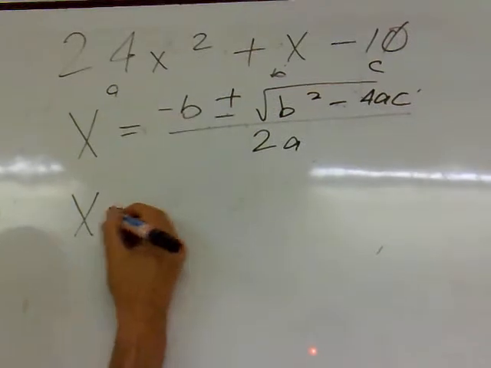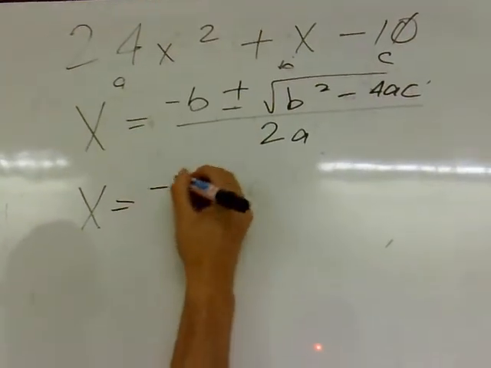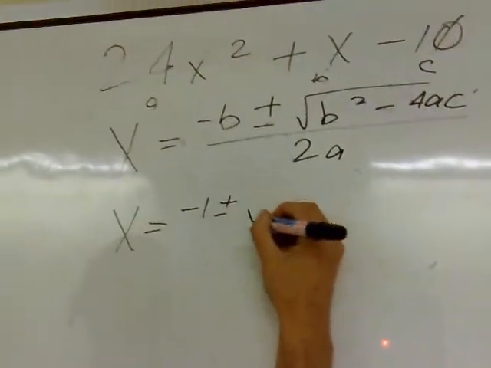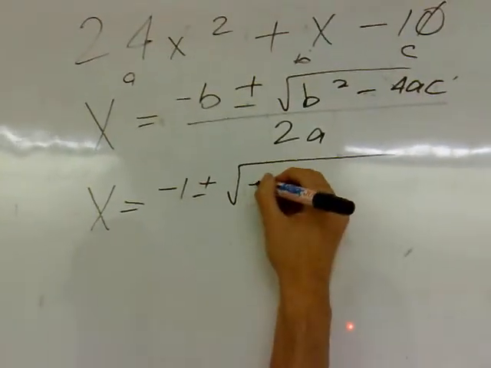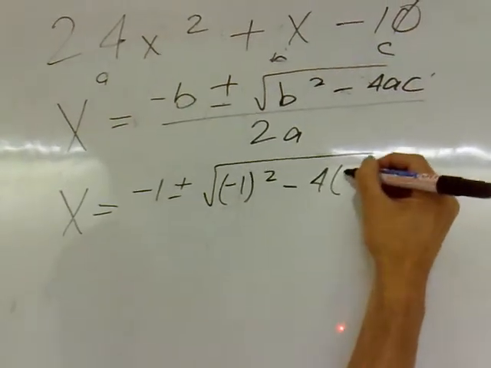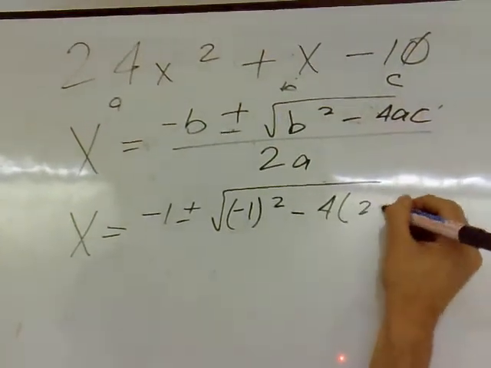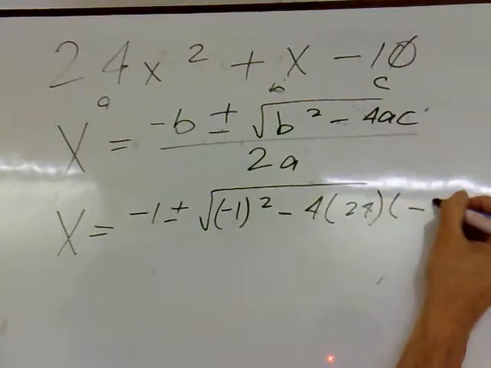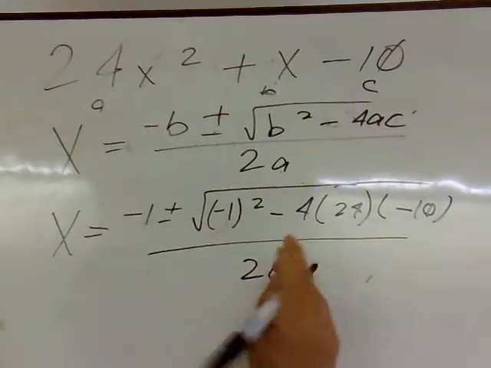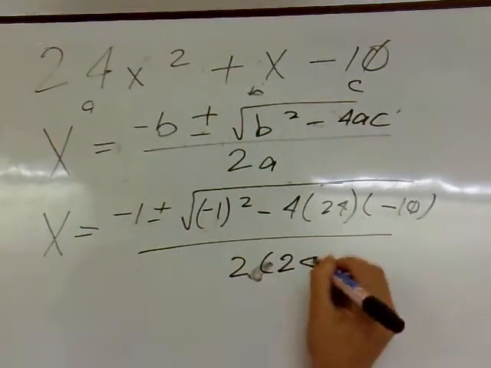Now, applying the formula, negative 1 plus or minus the square root of negative 1 squared minus 4 times 24 times negative 10 all over 2 times 24.